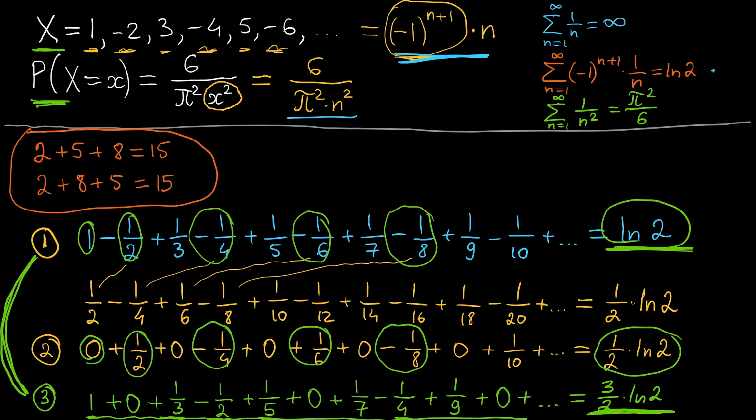This is precisely the problem that we're trying to avoid when we require the expected value to be absolutely convergent and not just conditionally convergent. This series that we've been working with here is conditionally convergent, and therefore rearrangements of this series can change the value that we get for it.